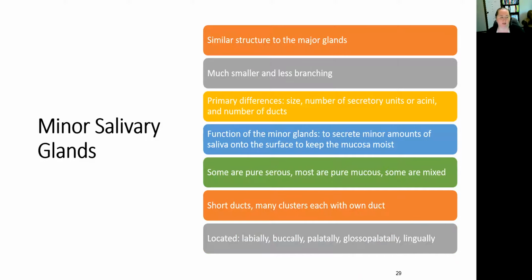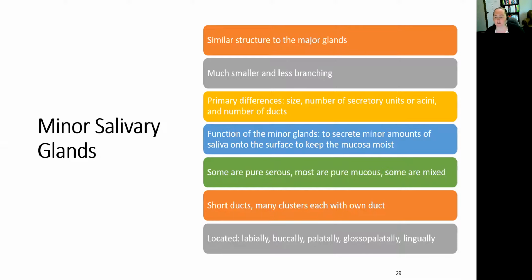All right, minor salivary glands. These are the ones that we have all over our labial, buccal mucosa, our palate, floor of our mouth. Similar structure to the major glands, but they're much smaller and less branching. They're more superficial. The primary difference is the size, number, and number of ducts. The function of the minor salivary gland is to secrete minor amounts of saliva onto the surface to keep the mucosa moist.